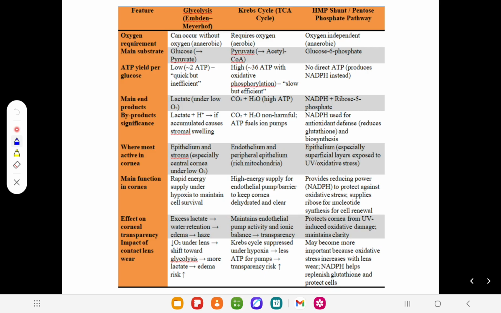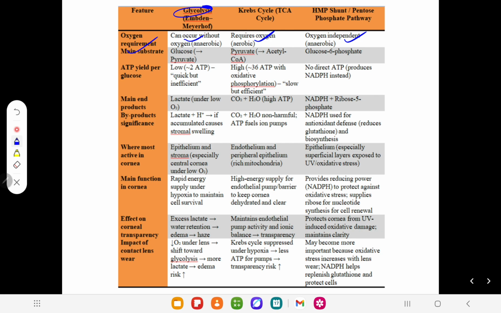Glycolysis happens in the cytoplasm, and the Krebs cycle happens in the mitochondria. On oxygen requirement, glycolysis can occur without oxygen. In the Krebs cycle, oxygen is definitely required, and the HMP shunt can occur without oxygen.